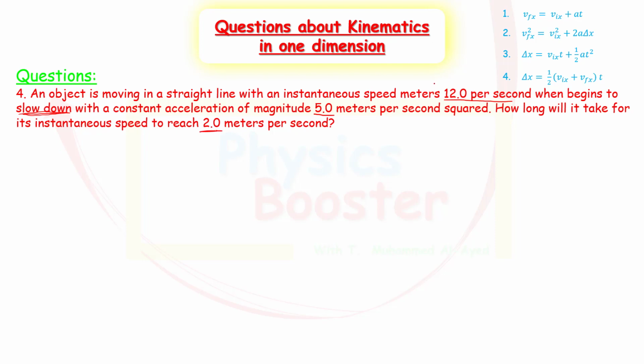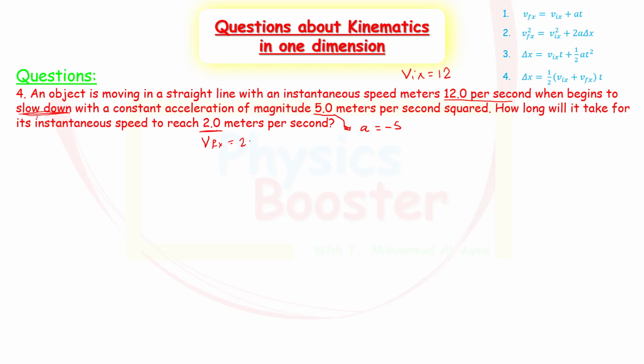So we know here that v initial x is equal to 12, okay, which is clear. Now v final x, it's clear here that it's going to be equal to 2 meters per second. What about the acceleration? Well, actually the acceleration is going to be equal to -5. Why are we going to use the minus sign here? Well, it says that it's slowing down.